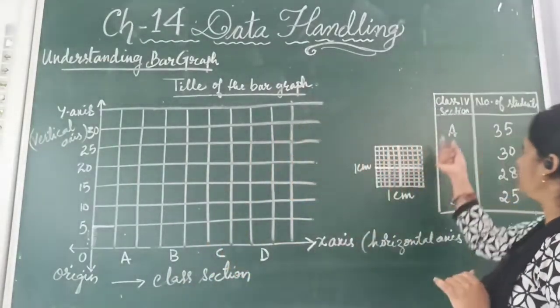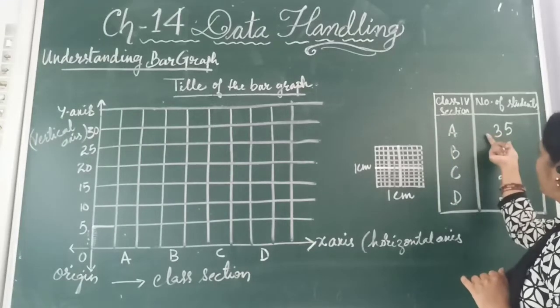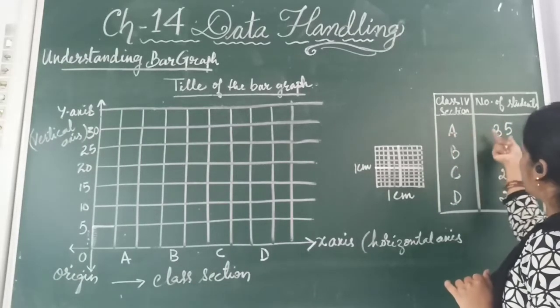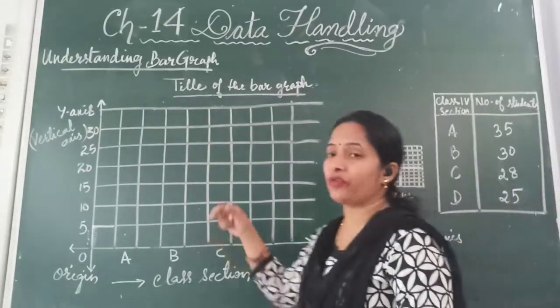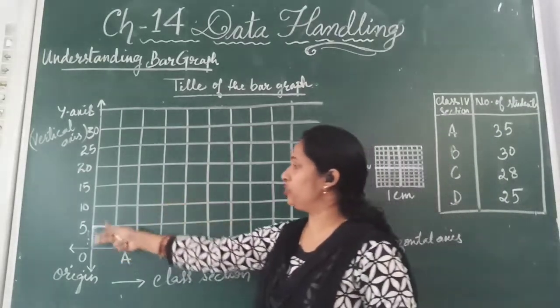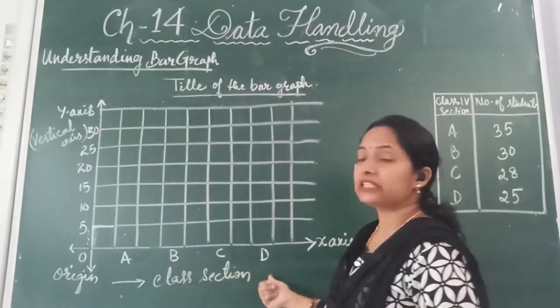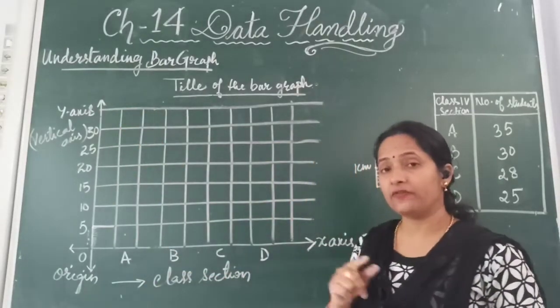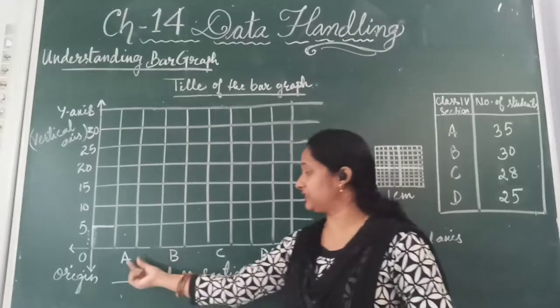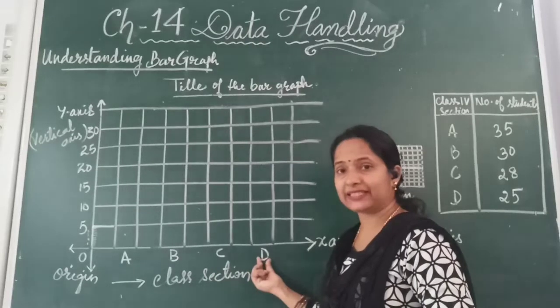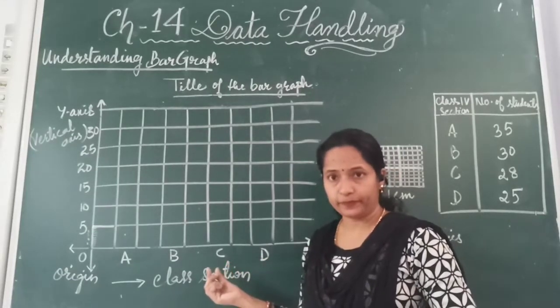Now, our first value: we have the numerical value, that is, the number of students of section A is 35. As we have already chosen to take the numerical value along the y-axis and the sections along the x-axis, always make sure that the distance between each section you mark on the x-axis is the same.